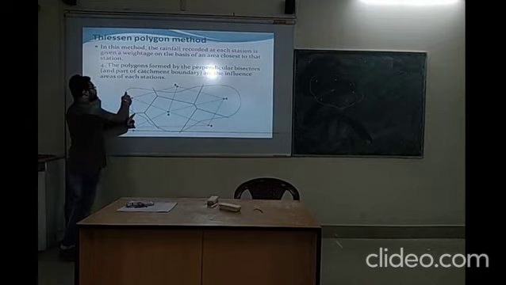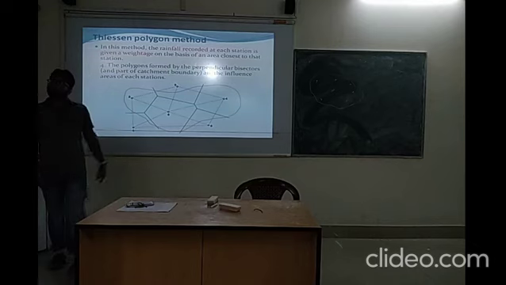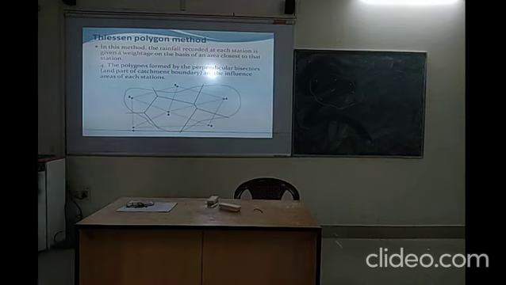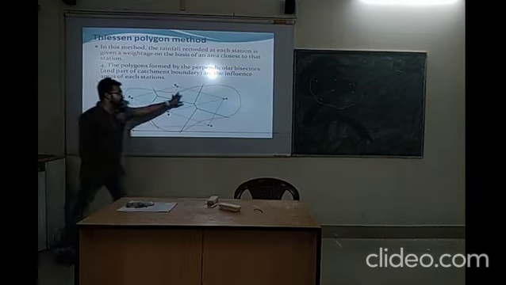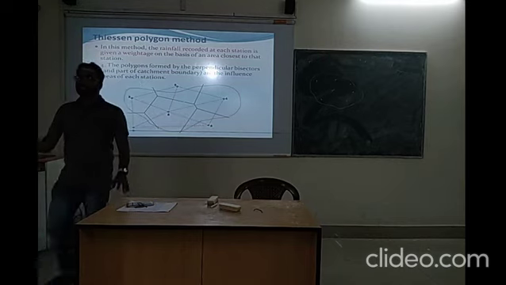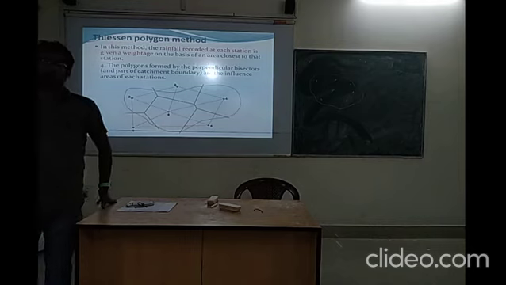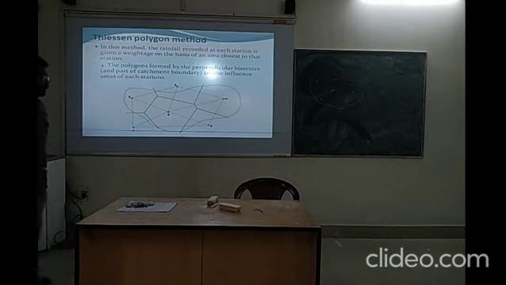So the boundary of the catchment area will be the boundary of the polygon for the second rainfall station. Clear? For 1, 3 and 5, because those are situated outside the catchment area, what will happen?